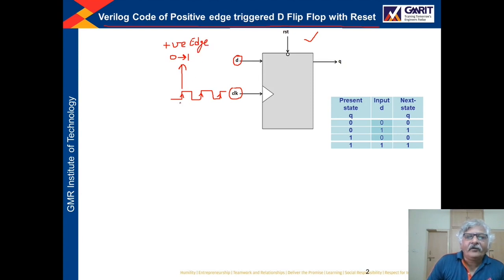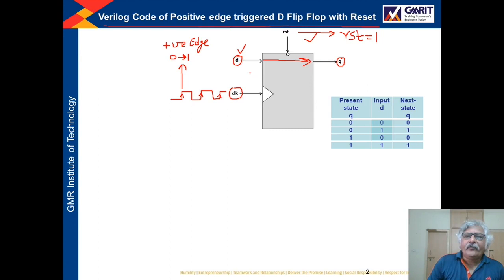So whenever the positive edge is received at the clock input, at that time whatever may be the value of the D input, that will be propagated to output Q, provided this reset input, this is a reset input, is 1. So if the reset input is 1, then during the positive edge of the clock, whatever value is present at the D input will be transferred to the output Q.